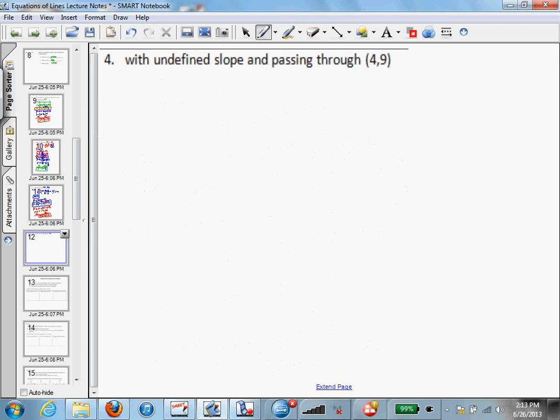And finally, for our last example, we have an undefined slope passing through the points 4, 9. So what happens for that? Let's let x equal a, since an undefined line is going to look like this on the 4-quadrant plane.